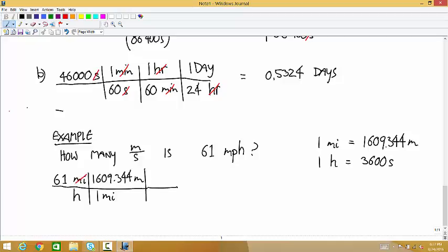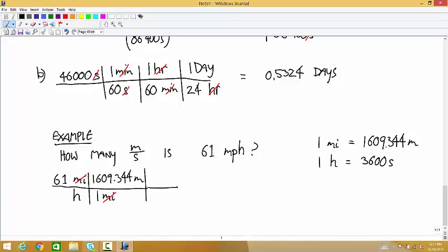And so if you cancel, you can see that now we've taken care of the length. We have the right units for length. But if we multiplied the numbers right now, we'd have units of meters per hour. We want meters per second. So now I'm going to multiply by 1 over 3,600 or 3,600 over 1. Do we want the hours in the top or the bottom of this ratio?